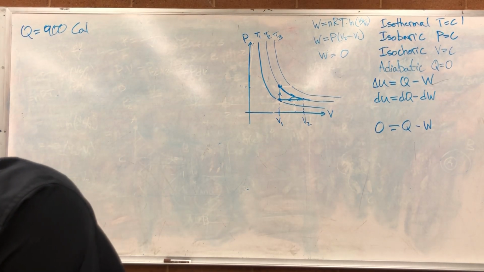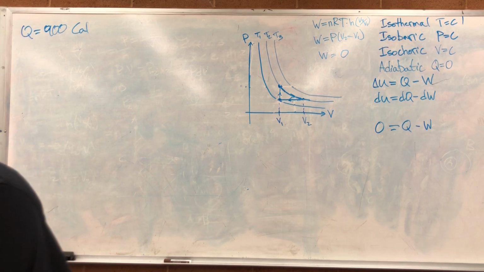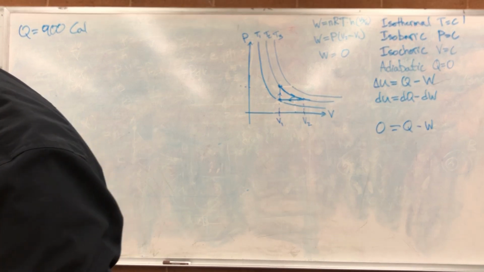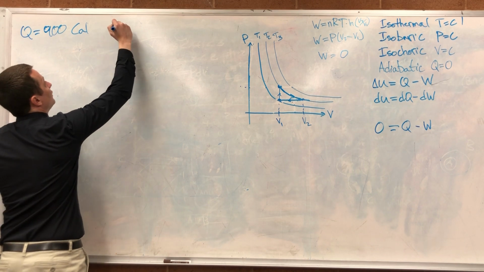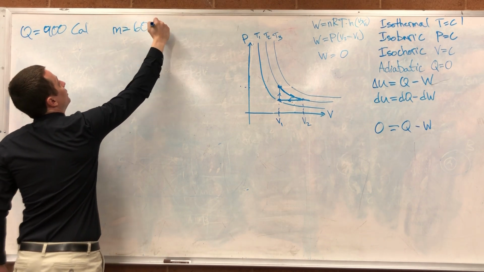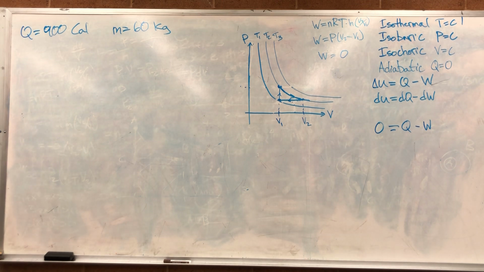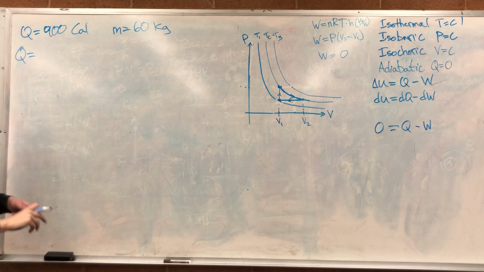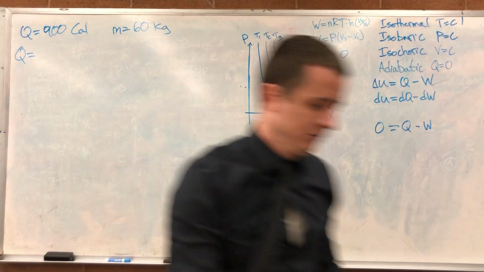How high must you climb upstairs to lose those 900 calories, assuming your mass is 60 kilograms? So we assume your mass is 60 kilograms, and now you've got to burn off 900 calories. When we convert 900 calories to joules, it's 4.186 joules per calorie.